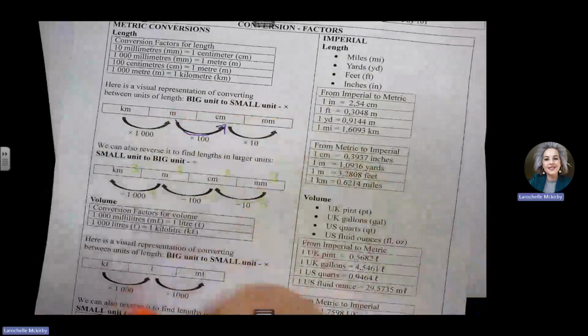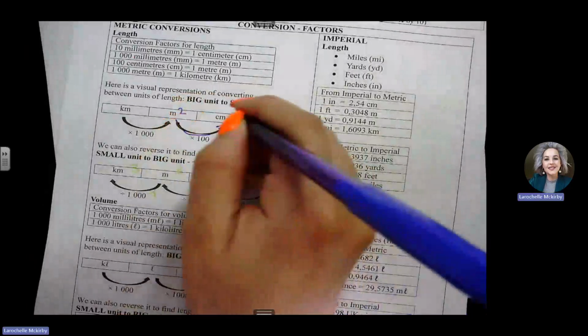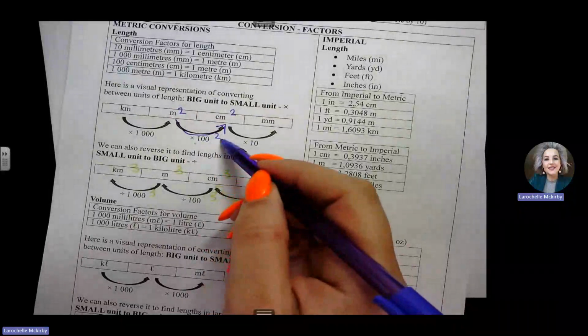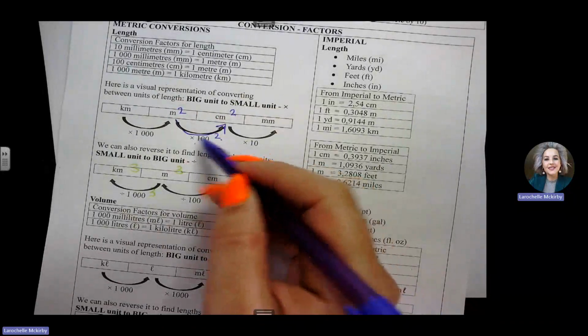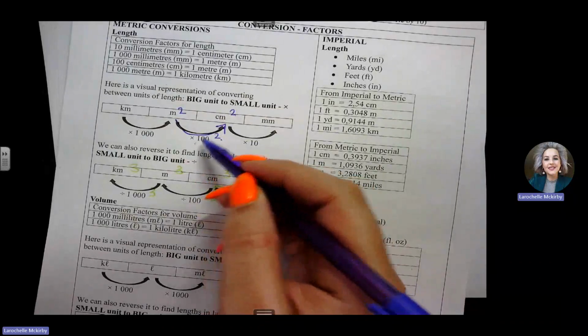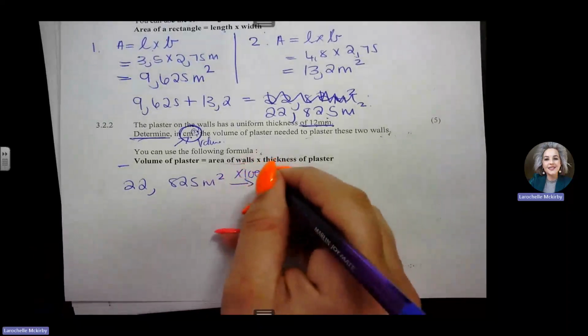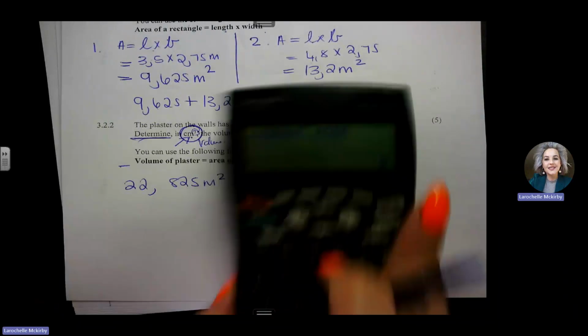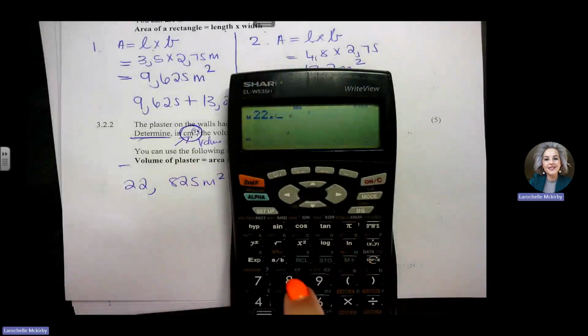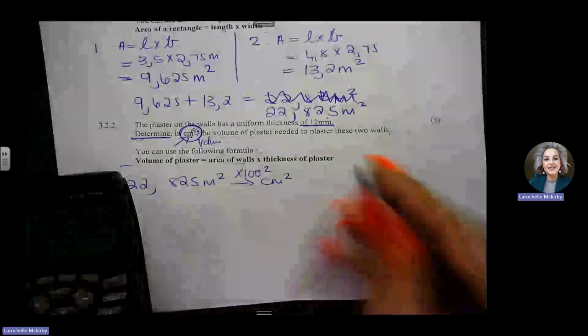But it is not normal meters and centimeters. It is squared centimeters and squared meters, meaning that I can't only divide and multiply by 100. I need to multiply by 100 and a 2. So I will say multiply by 100 and a 2. Putting that into my calculator, I'll put 22.825 multiplied by 100 and a 2. Do you see? Just like that. Get my answer.